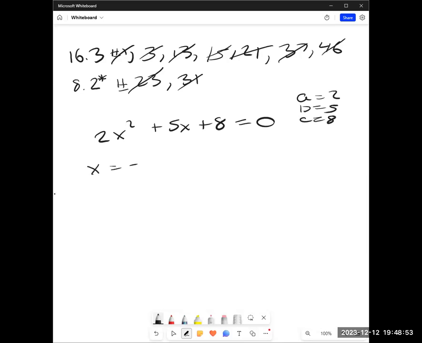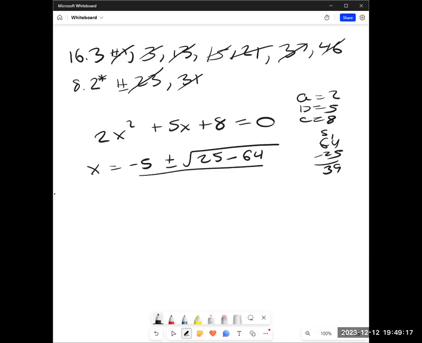Our x is going to be negative b plus or minus the square root of b squared minus 4ac. So 4 times 2 is 8. 8 times 8 is 64. 64 minus 25 is 39. 2a is 4.